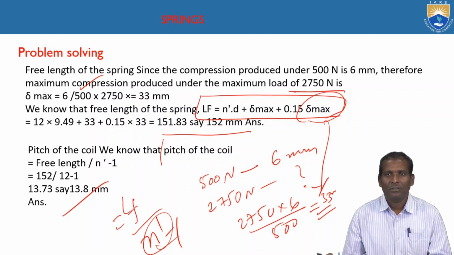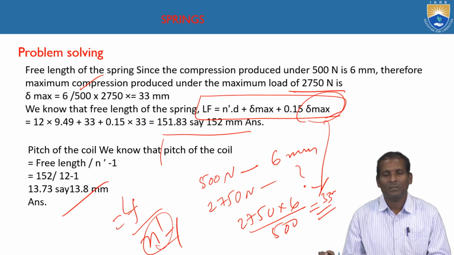Whenever the load value is available in a range of minimum to maximum, first calculate for the range load, and then again calculate the maximum deflection for the particular maximum load.